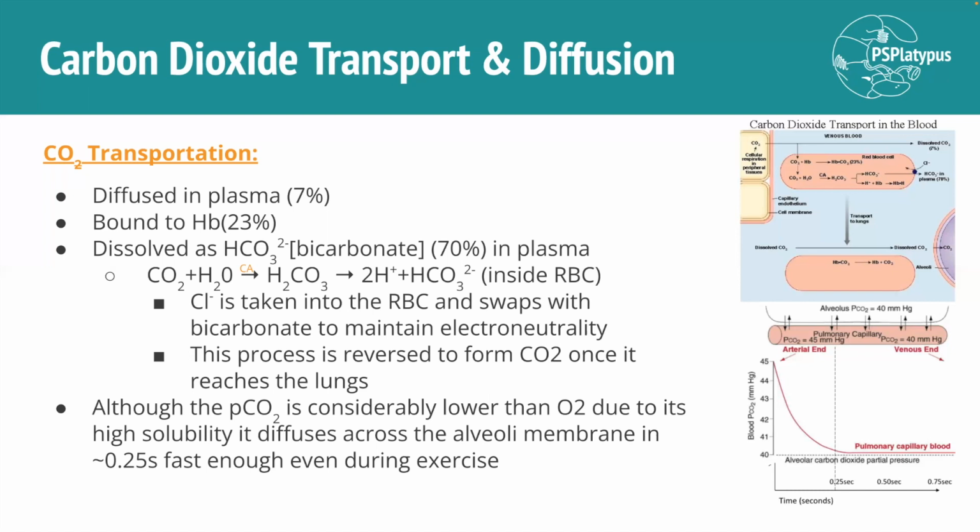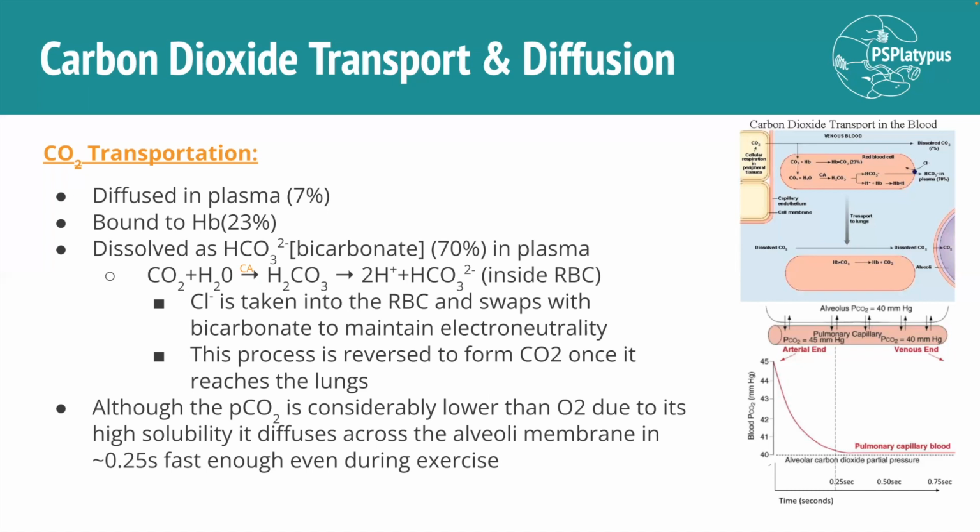The bicarbonate ions are then exchanged with chloride ions, or the ions dissolved from salt, or Na plus NaCl, and it is swapped out with chloride ions to maintain the electronegativity within the red blood cells.